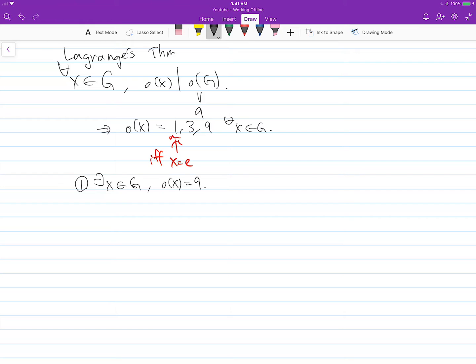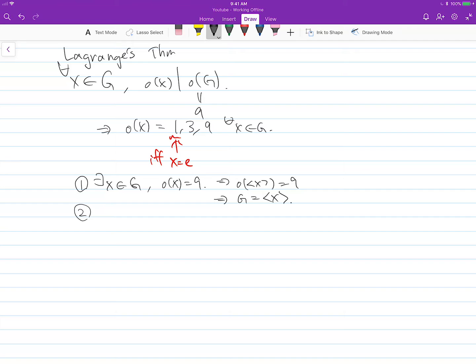As you can see, this case is pretty simple because the order of x is 9. This implies that the order of the cyclic group generated by x is also 9, and that means G is just a cyclic group. And we know that a cyclic group is always abelian, so we're done here.